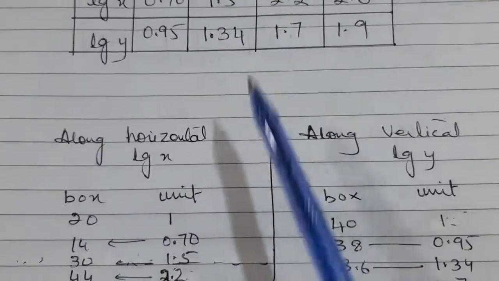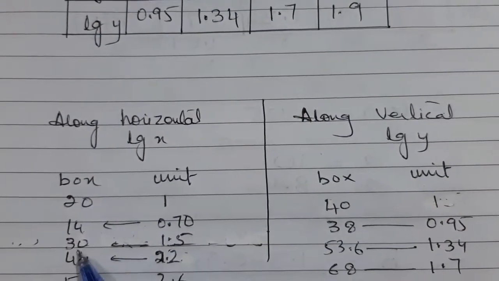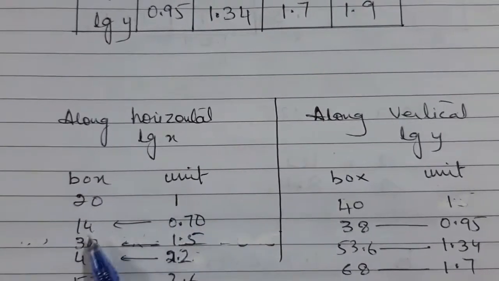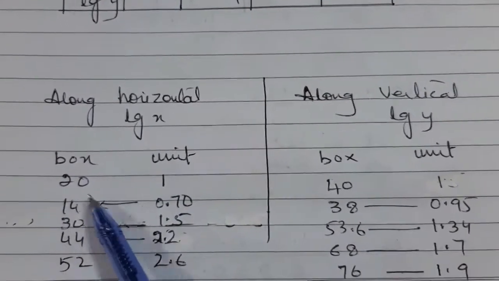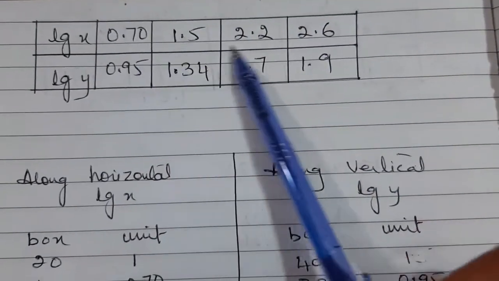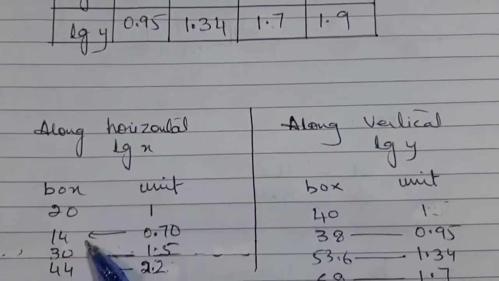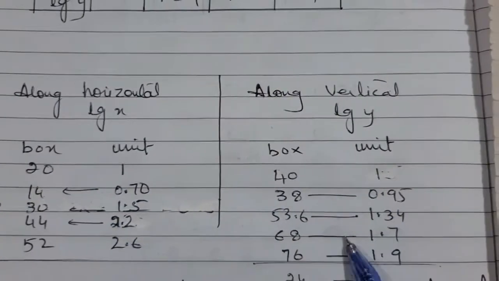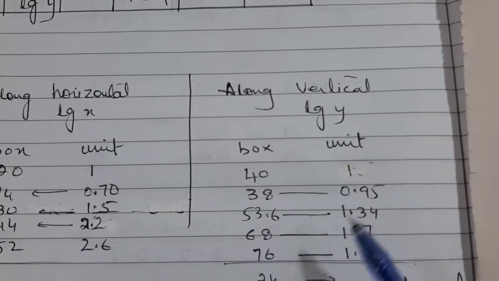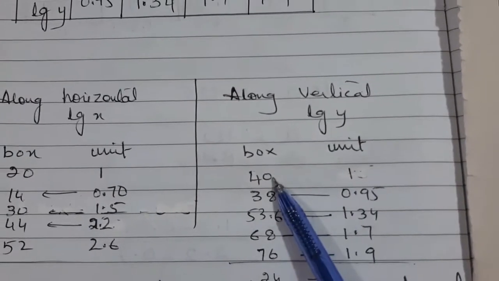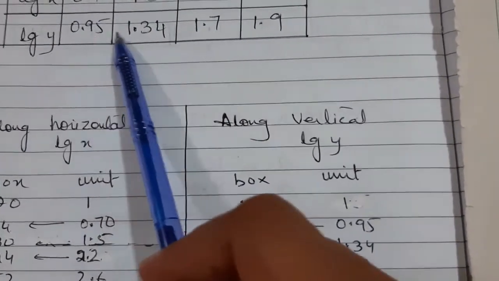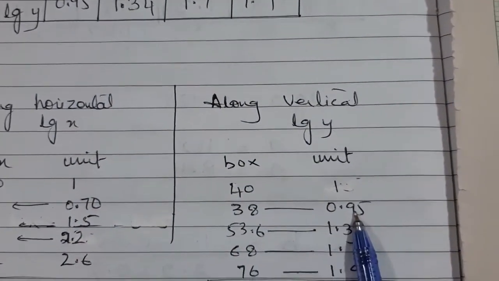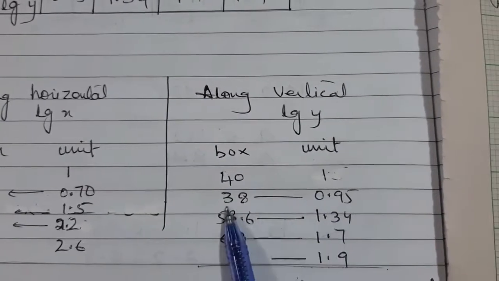Similarly for 1.5, I asked how many boxes, again used cross multiplication and found it. Similarly for all these values I have found the box number, which is easy to count. Similarly, along the lg y axis 1 unit equals 40 boxes. So for these values I have found the boxes. So 0.95 equals how many boxes?